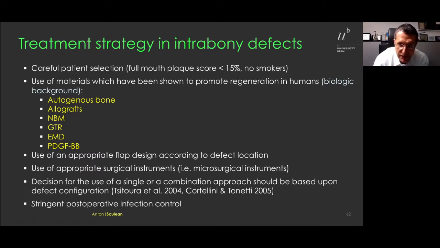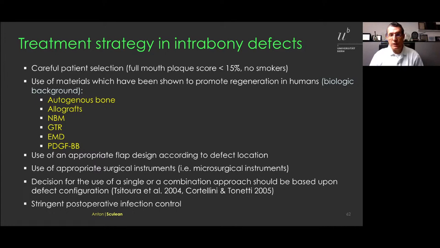Select the materials that are based on a sound biologic principle that I've shown you before. You can see the materials that we can recommend: autogenous bone, human allograft, human bone, some xenogenic grafts, membranes, of course, enamel matrix proteins, and PDGF, platelet-derived growth factor.